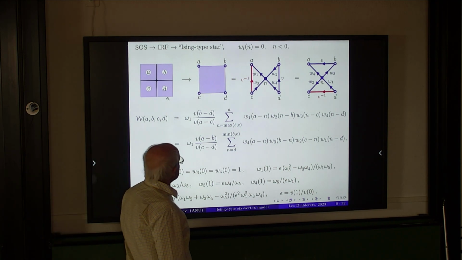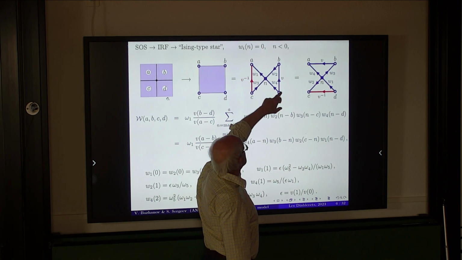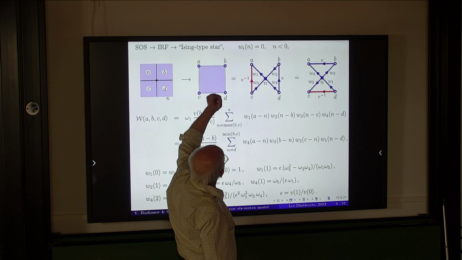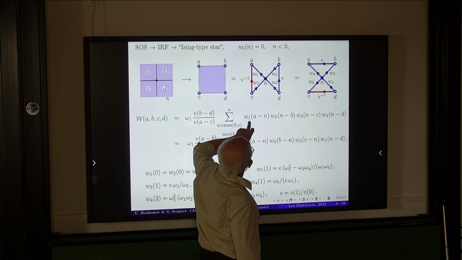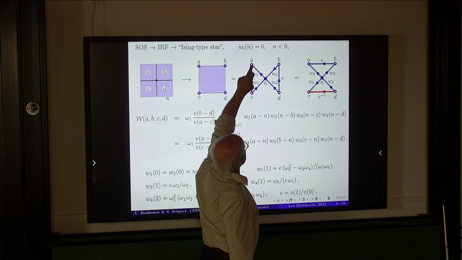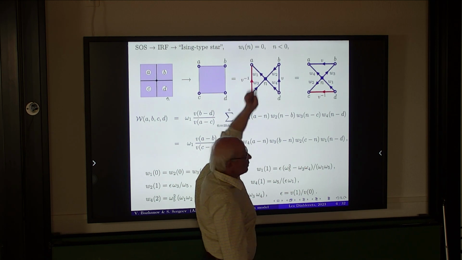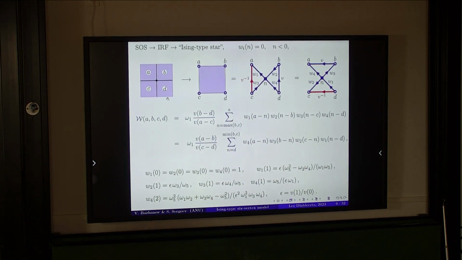and they depend on the differences. And the differences are calculated according to the arrows. So this one, W1, A minus N. The arrow points to the first one.